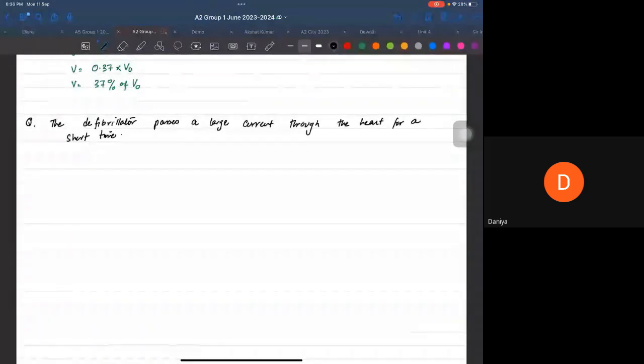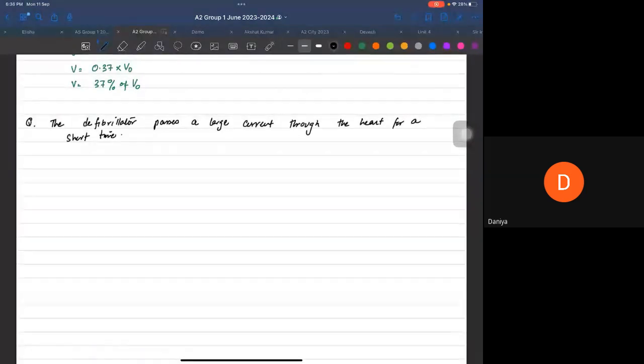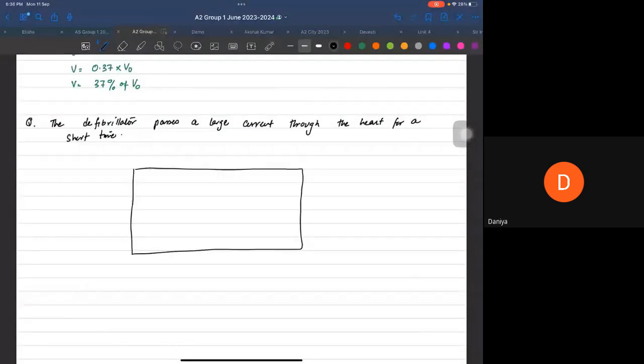Now, it basically looks like this, and then it has a capacitor in the middle, like this.